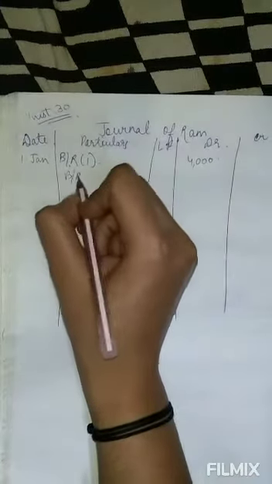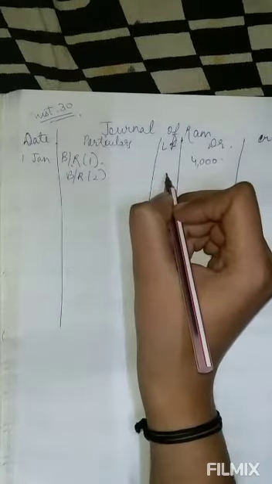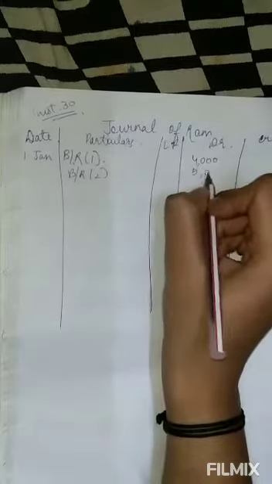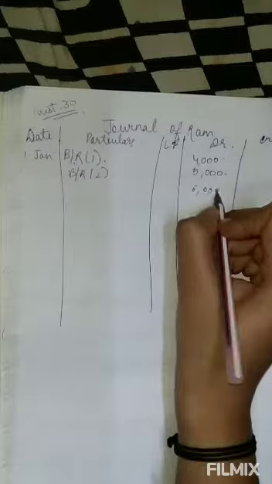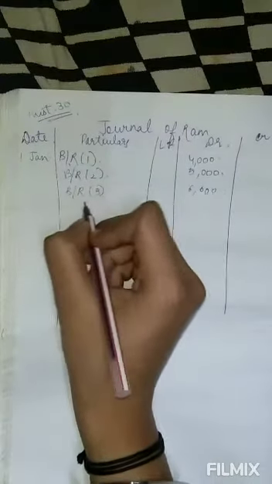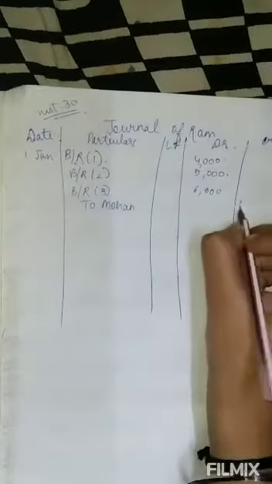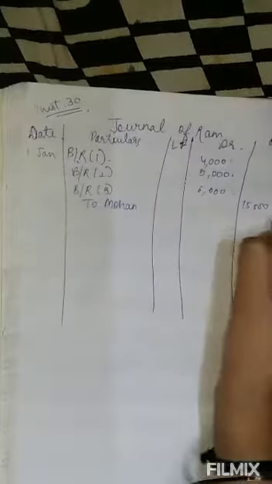The second BR is received by Ram from Mohan, that is of 5,000 given in the question, and the third is of 6,000, BR 3, and all these three are received from Mohan. So we will debit Mohan 15,000, right?